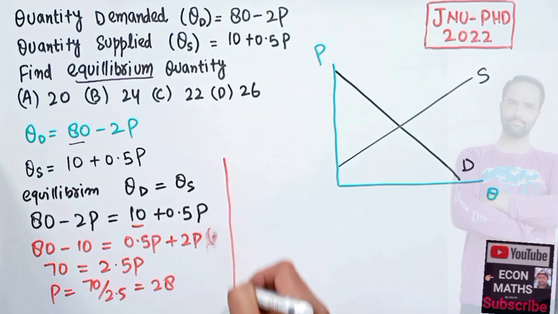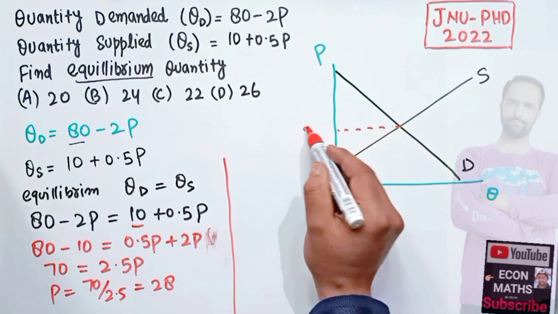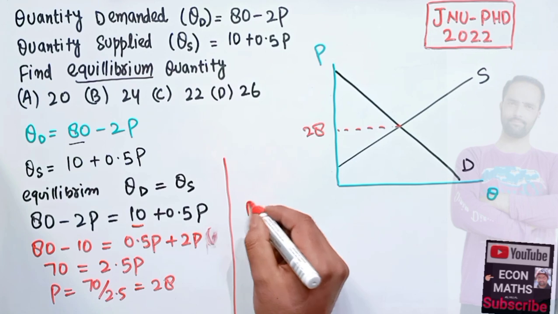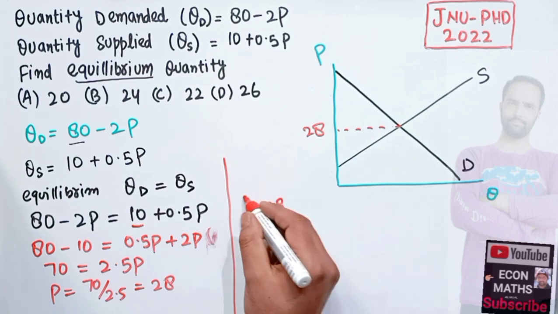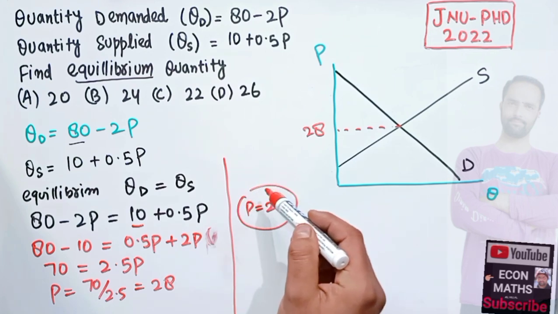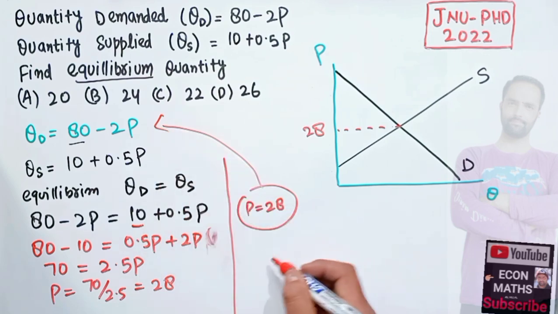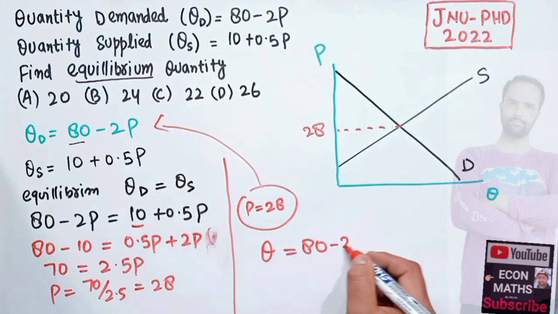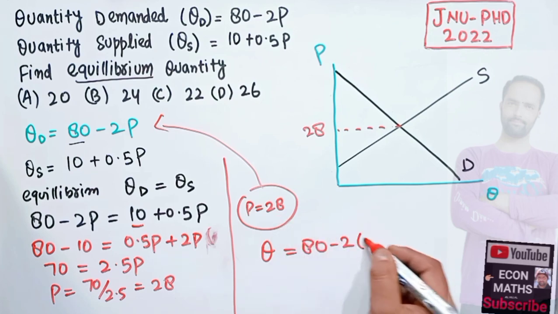That means the equilibrium price is 28, but we need to find the equilibrium quantity. Now just plug p equal to 28 into either the demand or supply function. Let's put it into the demand function. The quantity demanded will be equal to 80 minus 2 times the equilibrium price of 28.